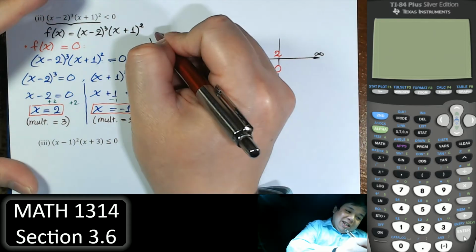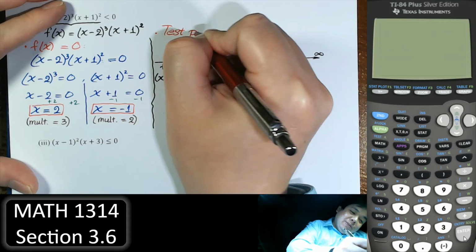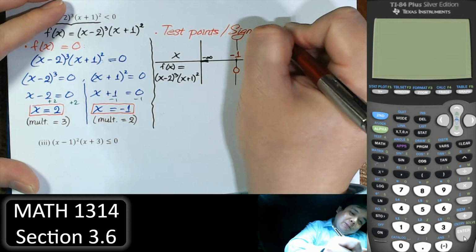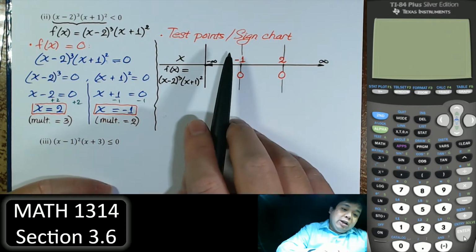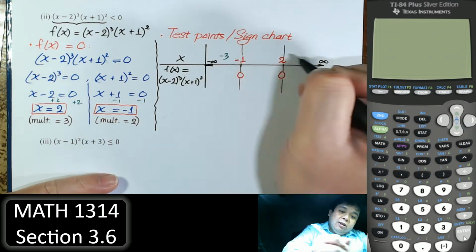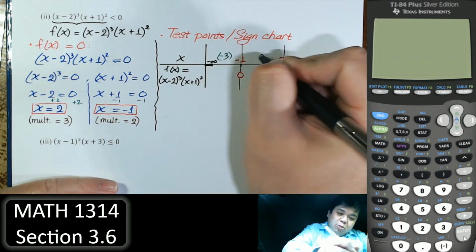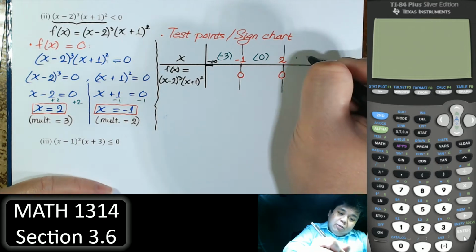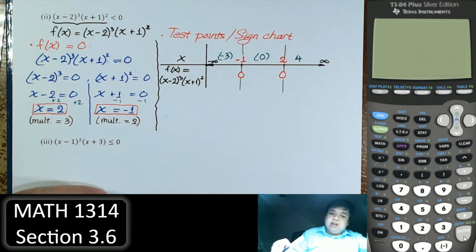By the way, this step is on the exponent sign chart. Right, now we test. Just pick a number in between here. Any number will do. It could be negative 3, 0, or 1. Just do 0 here as the test point, and then for 2, I'm going to choose 4 or 3, doesn't matter.